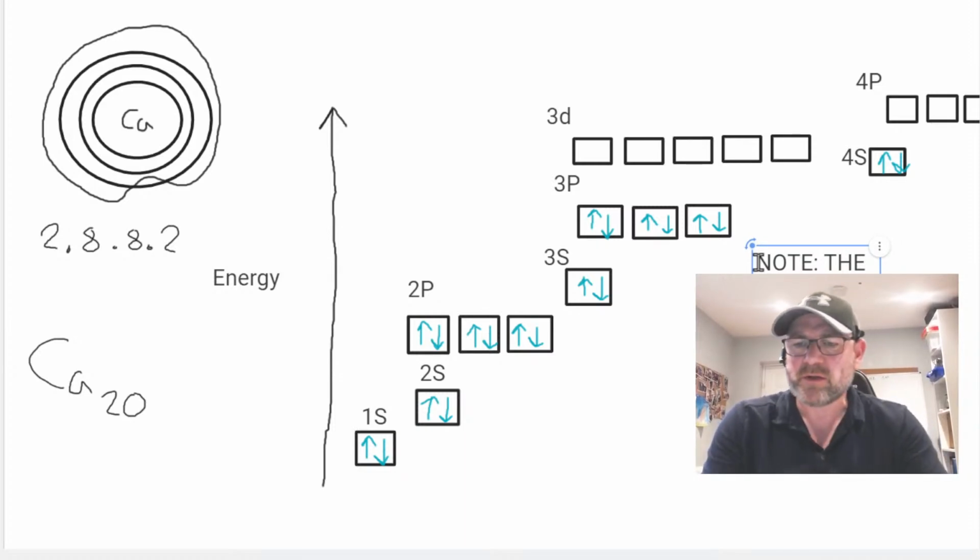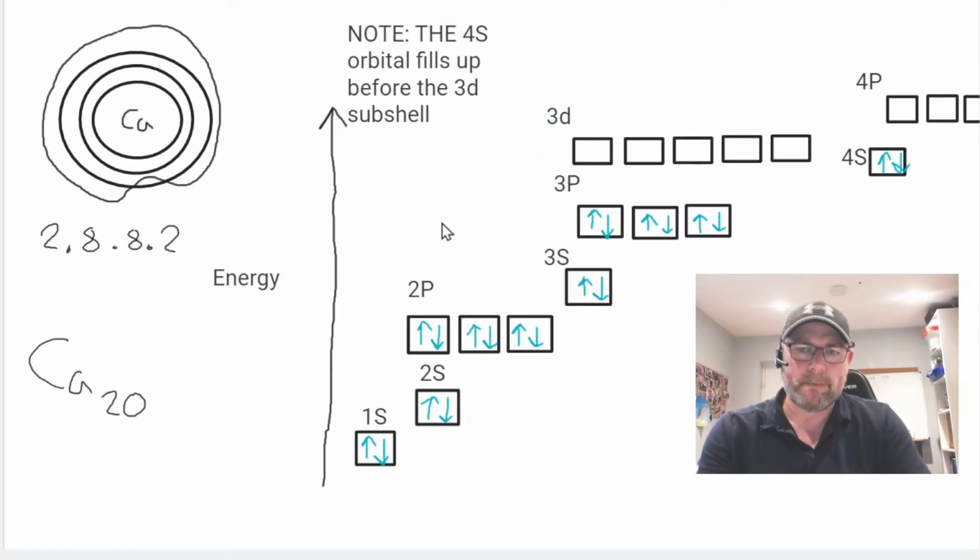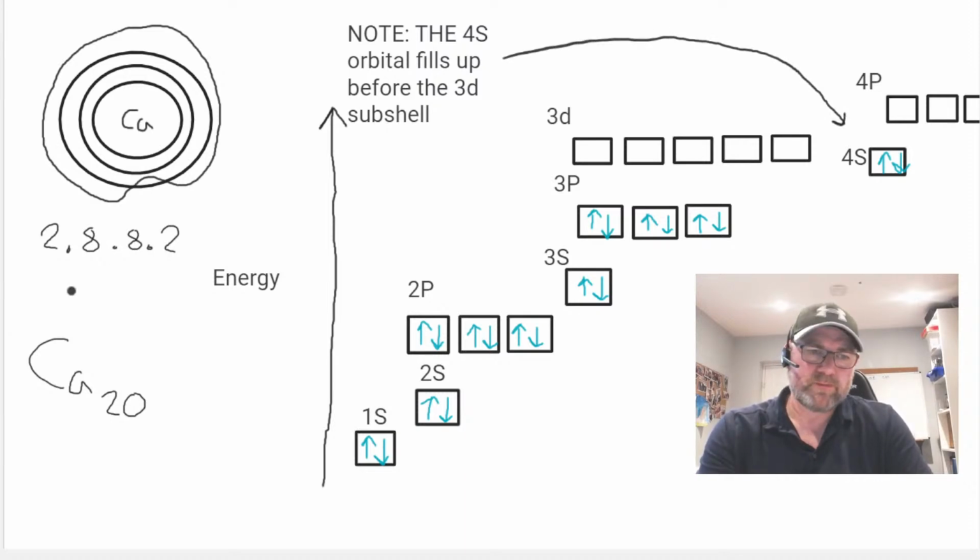Now you might be getting confused between orbitals and subshells, so I will remind you of the difference. Quick reminder, an orbital can hold 2 electrons and is represented here by any one of these boxes. A subshell is a smaller shell within an energy level.